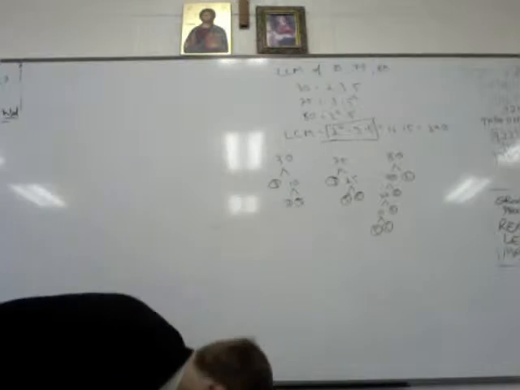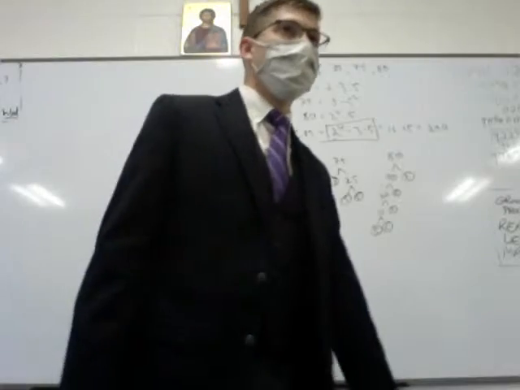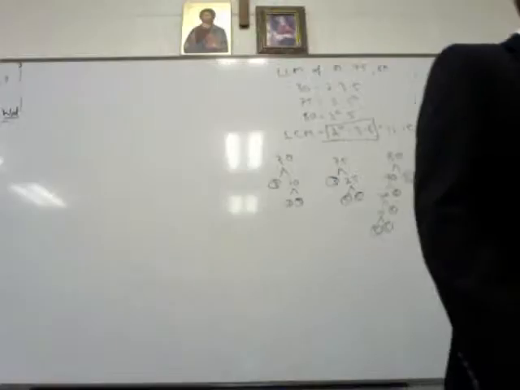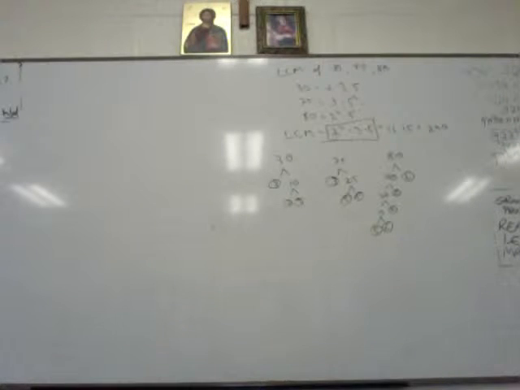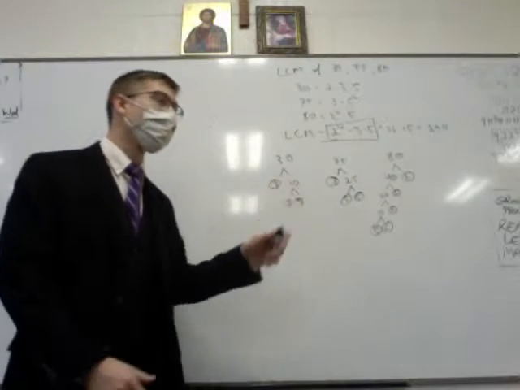If it's like 5 and 10, it's 10. Or if it's 2, 3, and 4, it's 12. But if you can't just do it in your head, do this. This will always work.